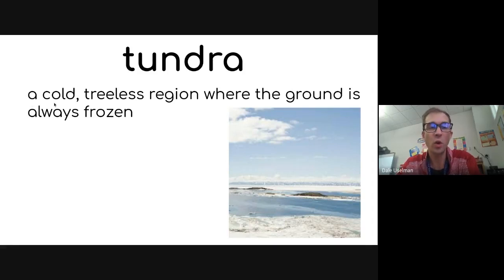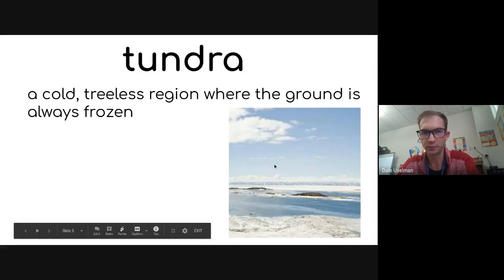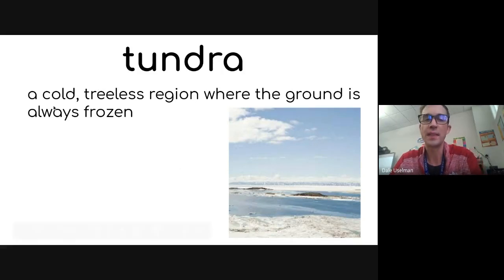So a tundra is a cold, treeless region where the ground is always frozen. Here's a picture of a tundra. So what makes a tundra is that it's cold and that there are no trees and that the ground is always frozen. Sometimes we joke about how Minnesota feels like a tundra, but we can't say that it's actually a tundra because we do have trees and the ground is not always frozen.